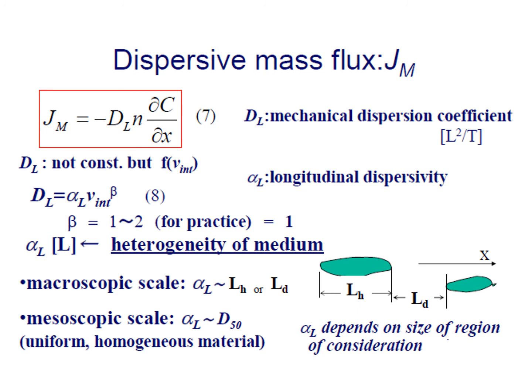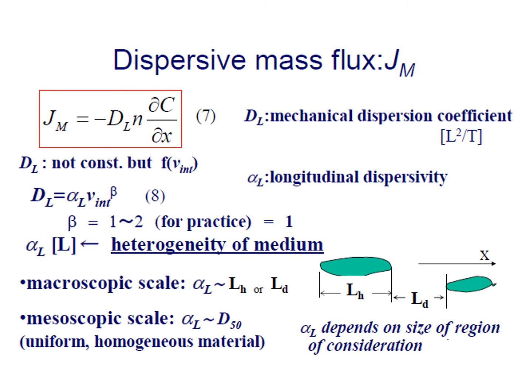At the microscopic scale, D50 is the grain size, and for the macroscopic scale alpha L will be almost equal to this length, of horizontal dispersion.